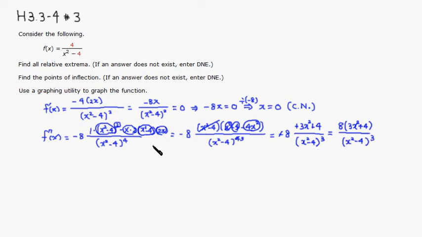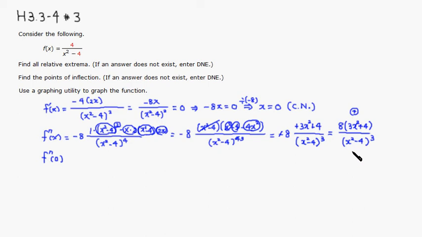Let's plug in 0 because the critical number is 0. So the second derivative at 0: if you plug in 0 here, it's going to be positive on top, and plugging in 0 here, negative 4 cubed is negative.